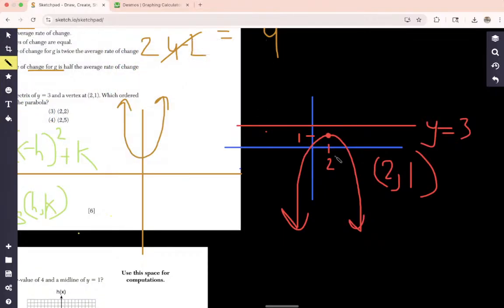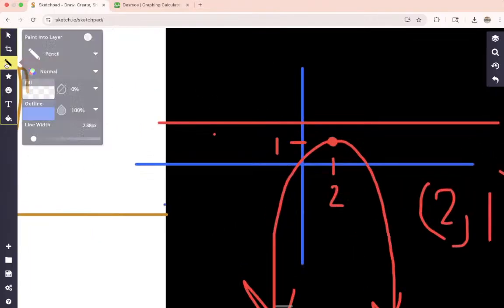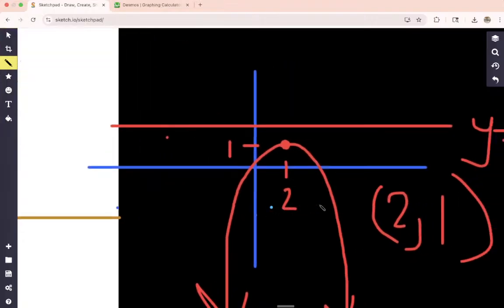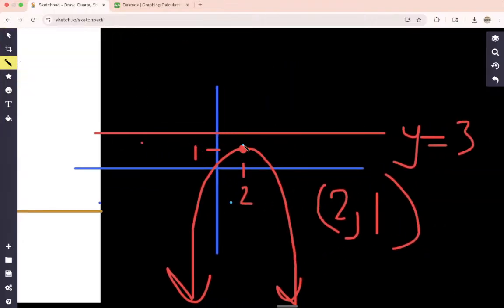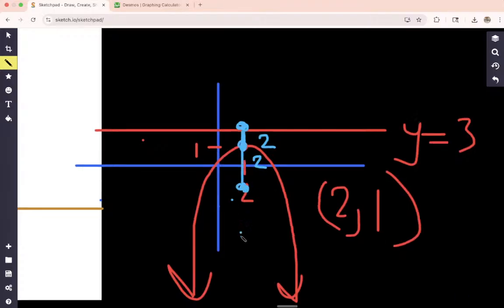Now, notice how the distance from 1 to 3 is 2, right? So the distance the vertex is from the directrix is 2. We said that the focus of our parabola is also going to be the same distance. So if we're going 2 up for the directrix, we're going to go 2 down for the focus.